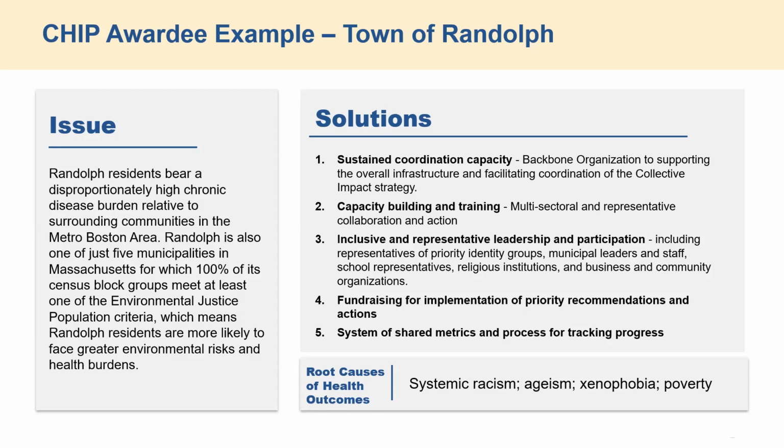And we were also able to support them in creating shared metrics and a process for tracking that work. And so as they were able to move into implementation, they had key partnerships, and they had a set of evaluation measures to think about how they continue to build those relationships, engage community, as well as meet the objectives outlined in their implementation plan.